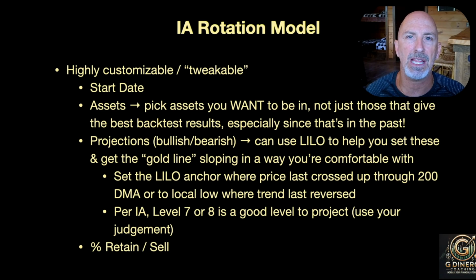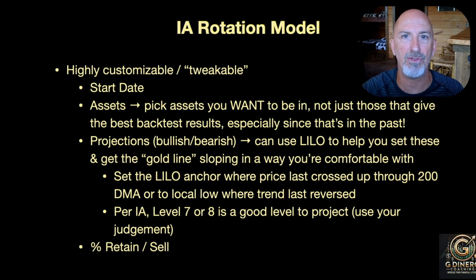Let's say it's something that hasn't been anywhere near the 200-day moving average for over a year or two. In that particular case, you may want to go ahead and set it to that local low where the trend last reversed. Same place you would have set perhaps a Fibonacci point, right? When you stopped making lower lows and lower highs and started making higher highs and higher lows.